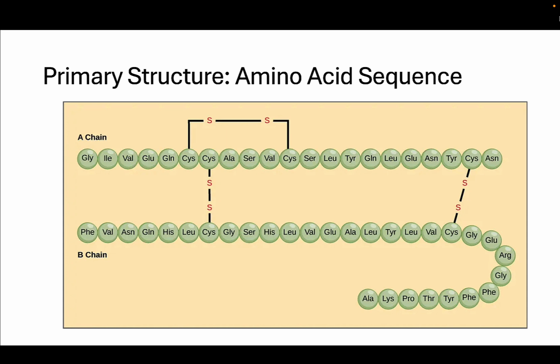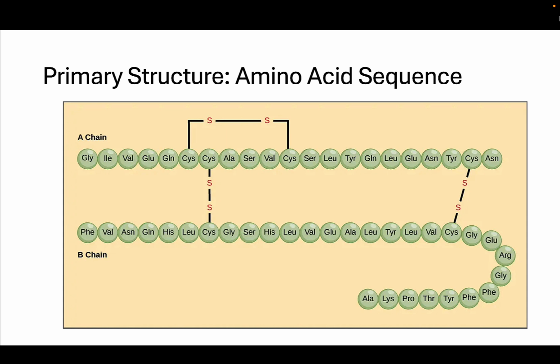This comes from cysteine, which contains sulfur in its R group, and is a way that polypeptide chains can be attracted to one another or even link within the chain. However, the primary structure is defined by the amino acid sequence. To define this particular structure, we have one sequence for the A chain and a different sequence for the B chain. That's the first level of structure, just how the amino acids are connected.